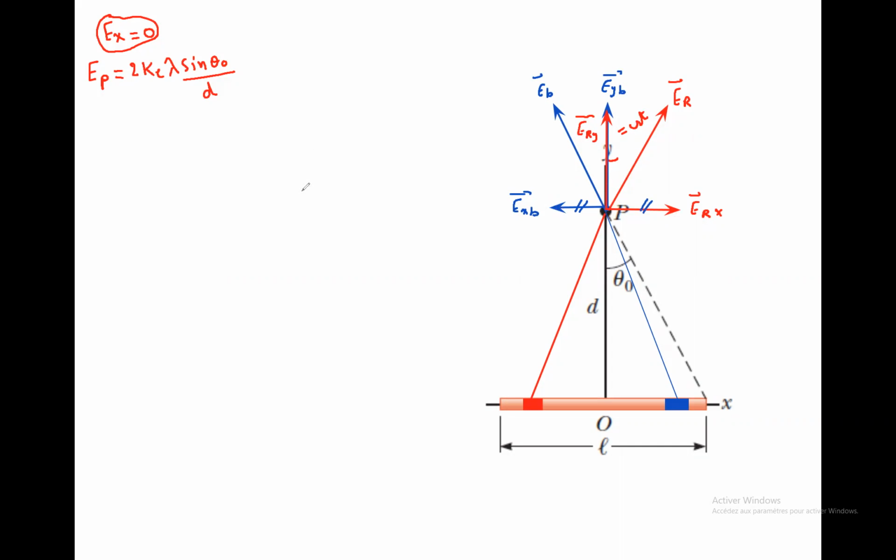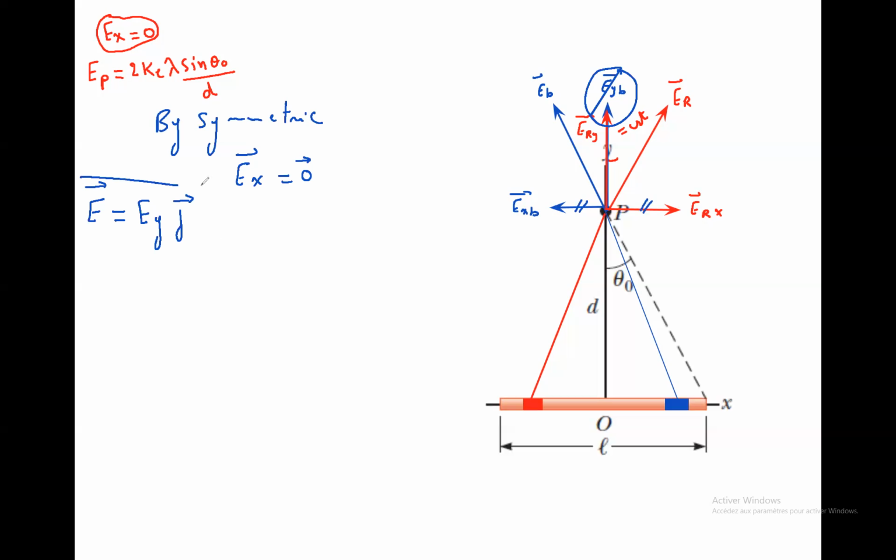Now by symmetry, the X component EX must be equal to 0. But the Y component is directed in the positive direction. So in general, the total E must be equal to EY in the direction of J.